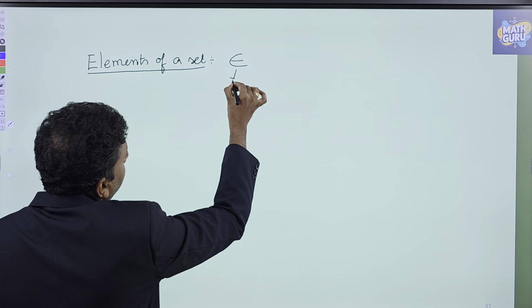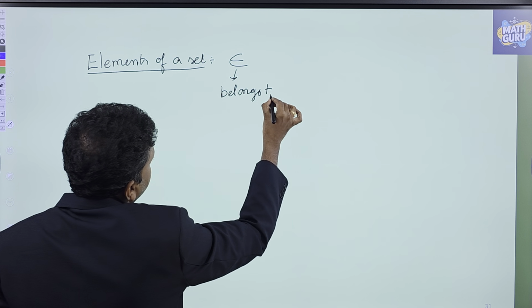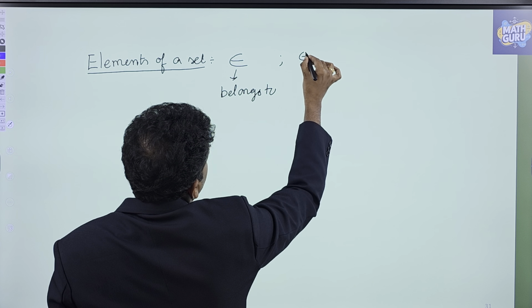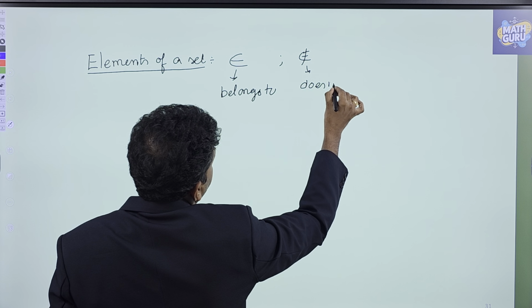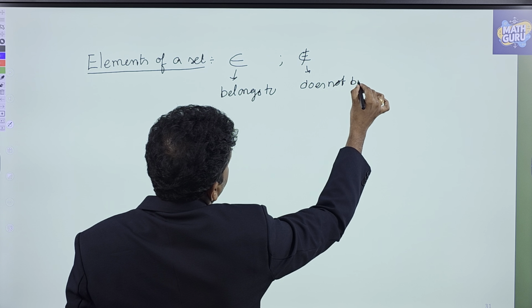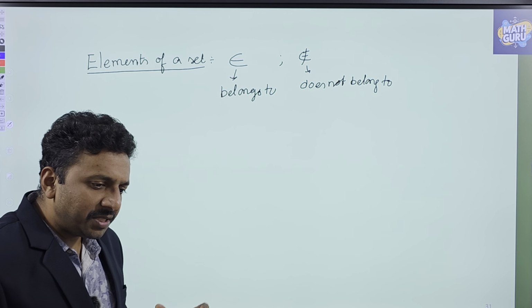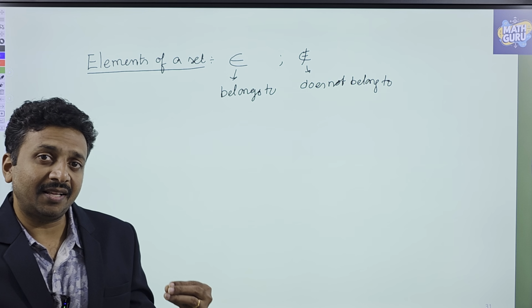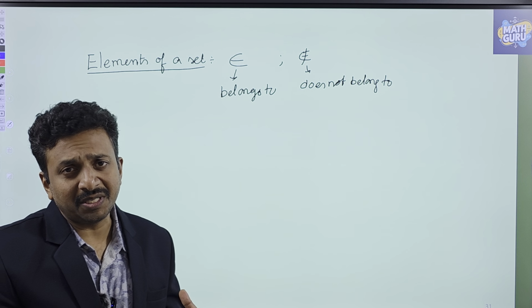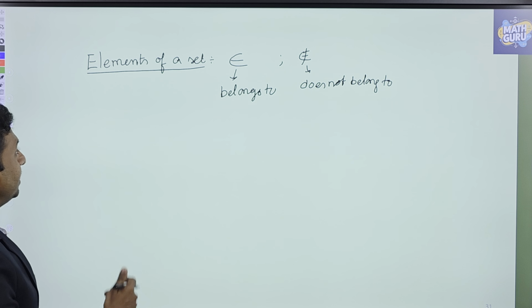This is the symbol for belongs to. And this is the symbol for does not belong to. If an object satisfies the definition of the set, we say that object belongs to the set. If the object does not satisfy it, we say that the object does not belong to the set.